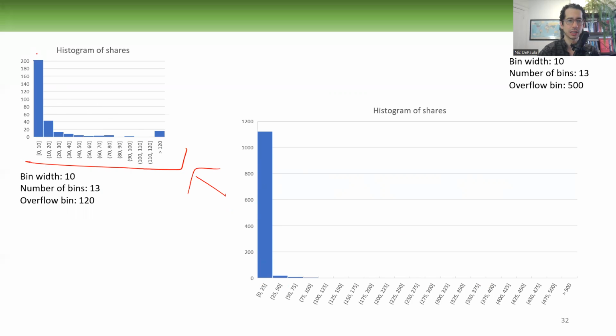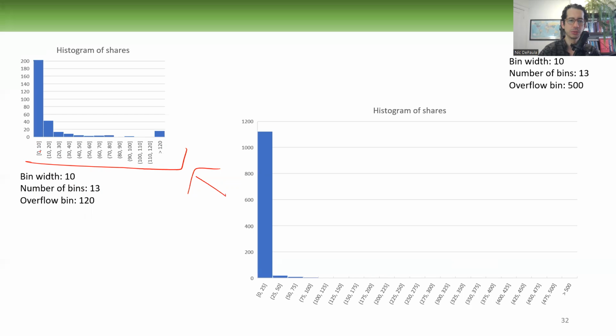But to be frank, I did cut the data off here a little bit. So you would have to show all the way up to the end. And this last bin here is called the overflow bin. Depending on the program you're using, you should be able to select the number of bins and the bin width.